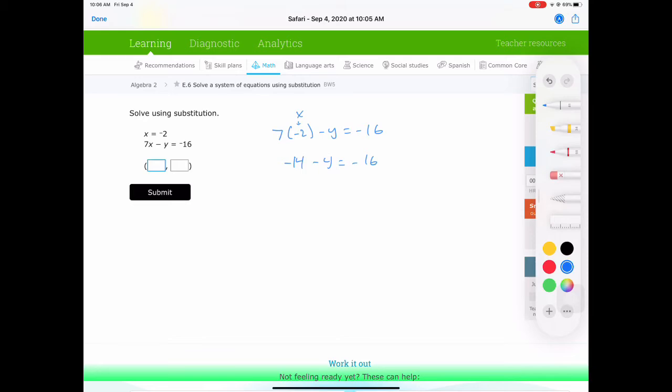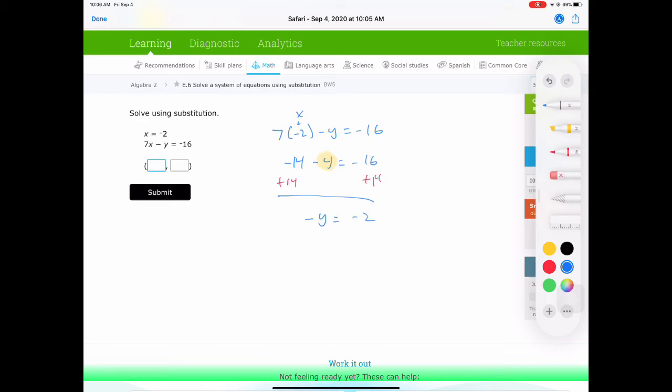Now, we want to be careful here because we see a -14, so the opposite of -14 is +14. We're going to add 14 to both sides. To the other side, remember we're trying to solve for y, so we need to move all the values over. We're left with y is equal to -2.